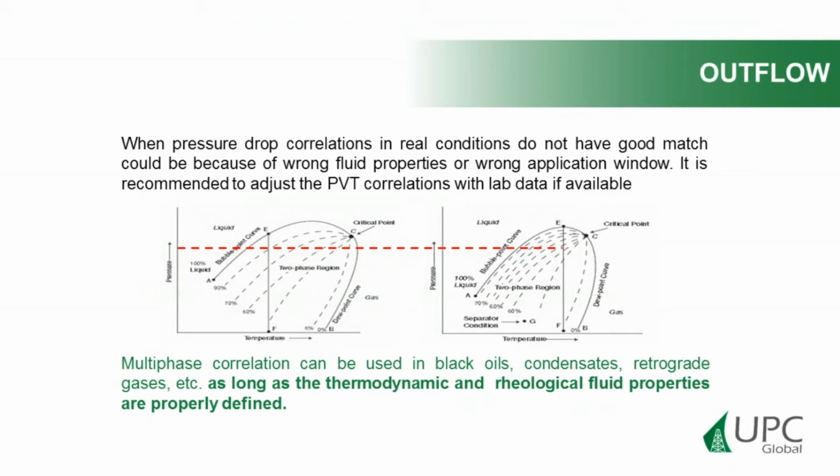You see how much is liquid and how much is gas. You see the PVT properties. As soon as your PVT properties are properly set for your oil, even condensate, it's going to work, and it's not a problem of the multi-phase flow correlation.